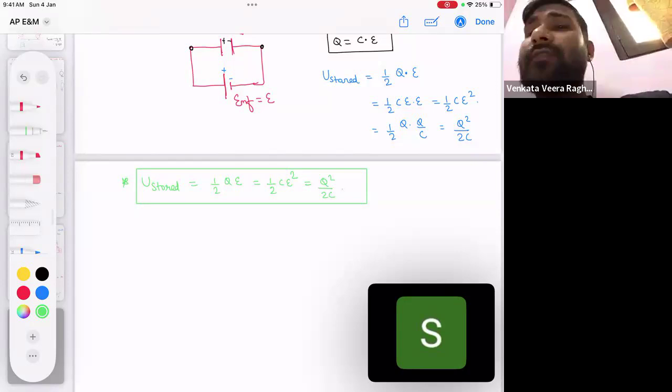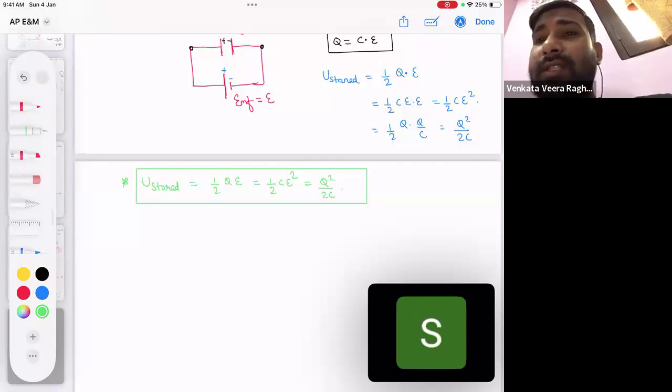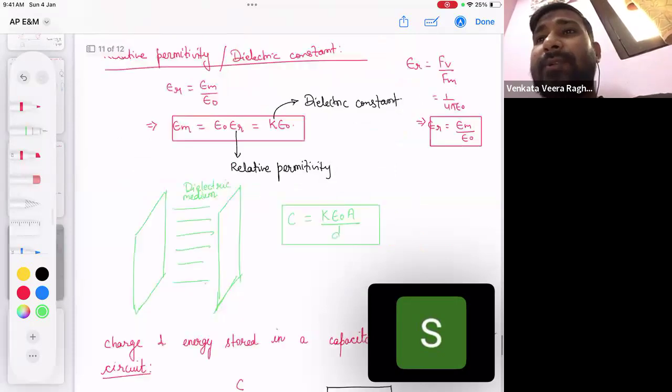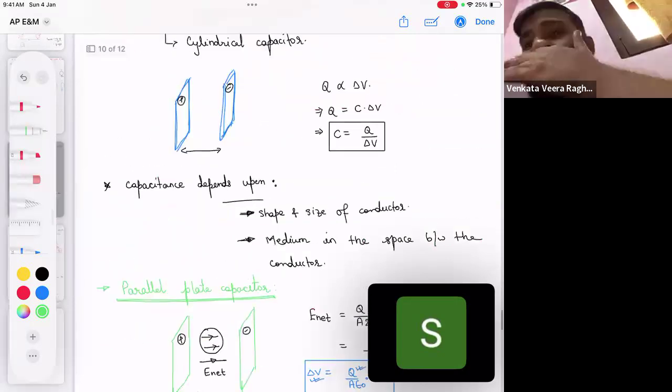I should use half Q into E. Sometimes in the question only the capacitance is given and the potential difference applied. So I should use half C V square. If the charge and capacitance are both given, then we should use Q square by 2C for the energy stored, isn't it? So we should always look at the question situation and see what is given to us. Is that clear? Please tell me, up to this part is it clear about the parallel plate capacitor?